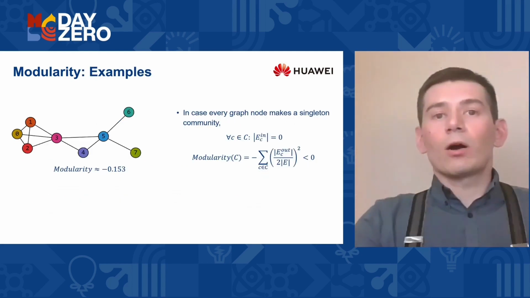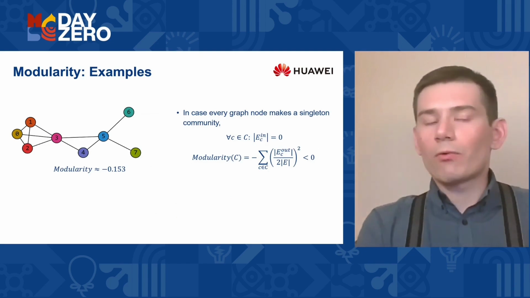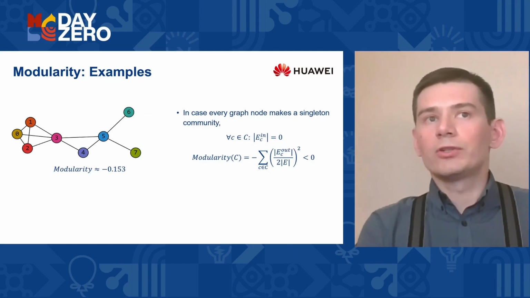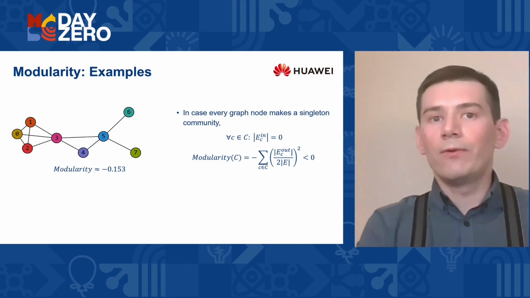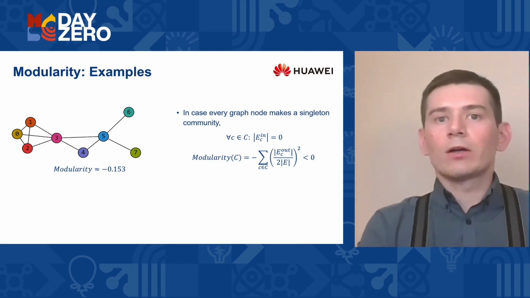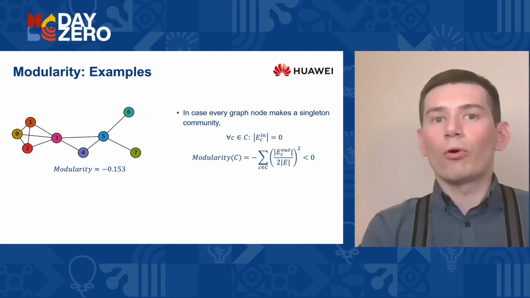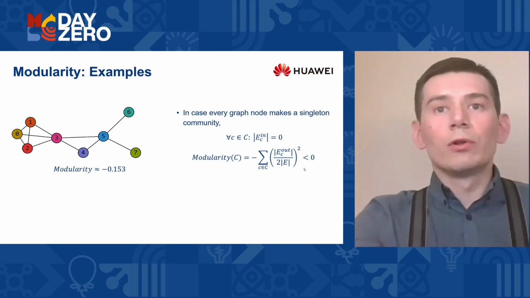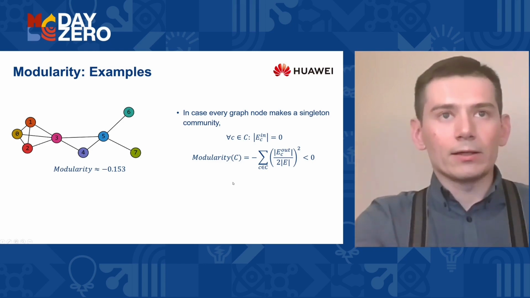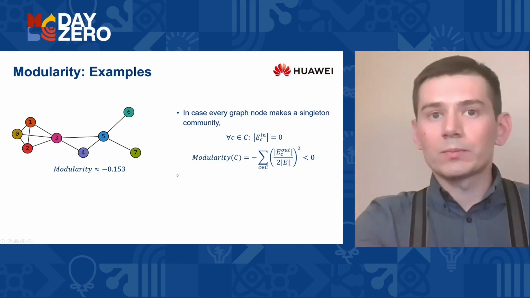So in the task statement, we gave several examples of modularity score just to give you some feeling about this score. If we have a border case where every graph node makes a singleton community, the modularity is always negative. So please do not do this.